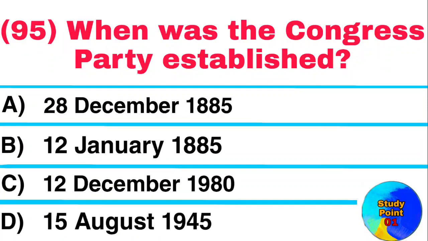Question. When was the Congress Party established? A. The 28th of December 1885. B. The 12th of January 1885. C. The 12th of December 1980. D. The 15th of August 1945. Answer. The 28th of December 1885.